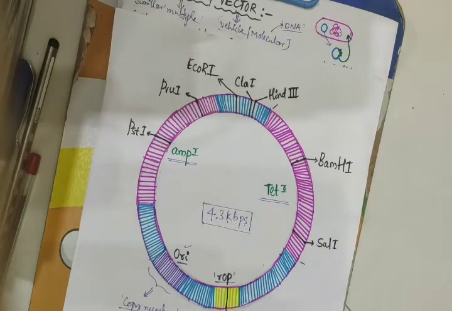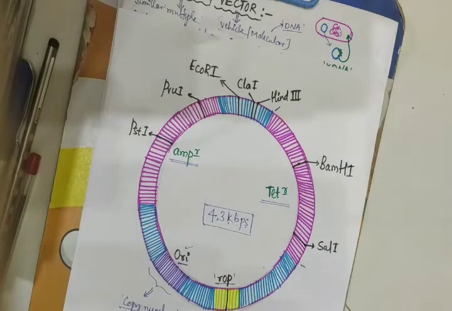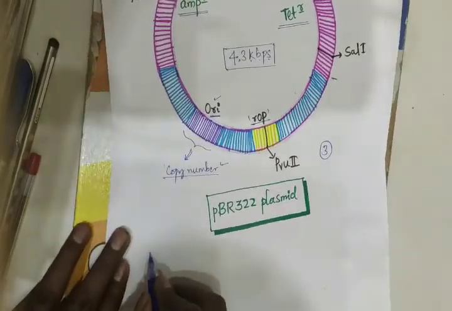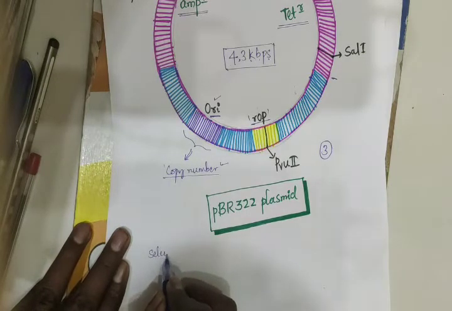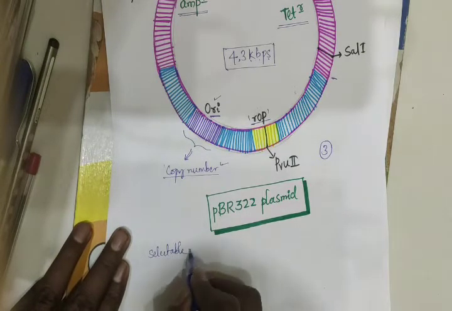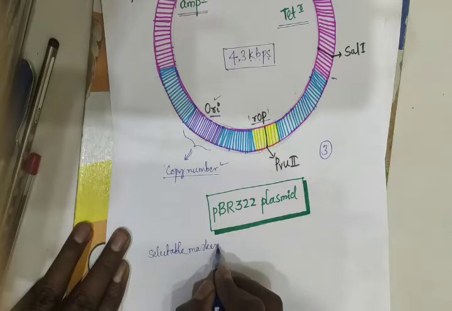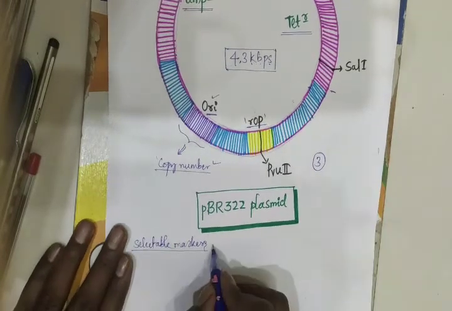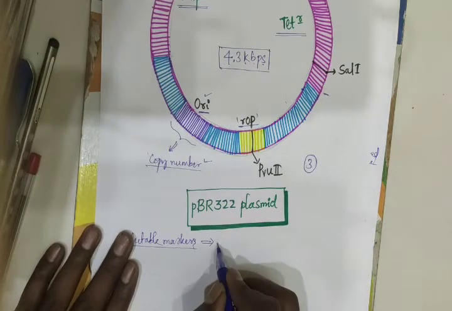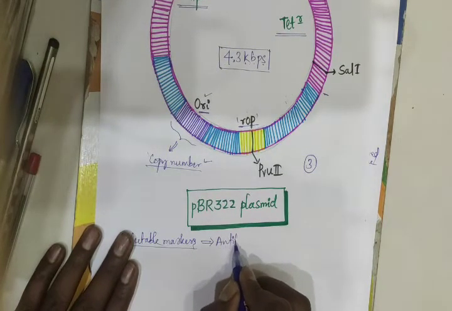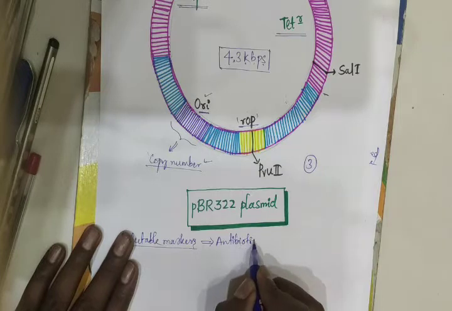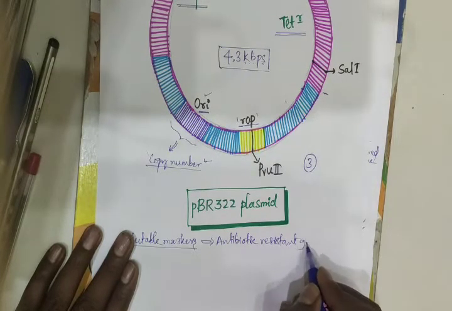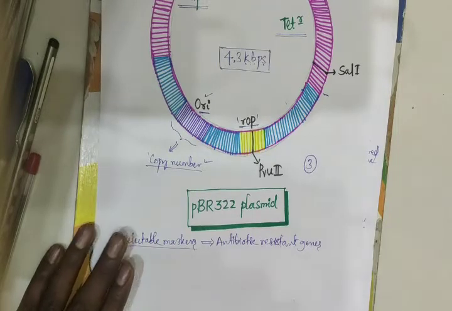Now you can ask the question, what actually are these genes? These two genes, we will refer to them as selectable markers. And usually the selectable markers are antibiotic resistant genes.